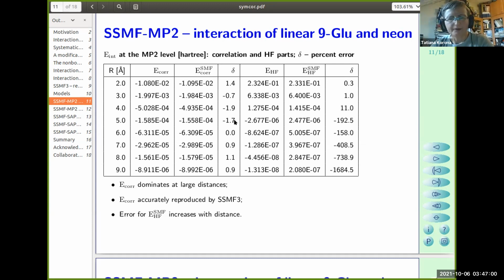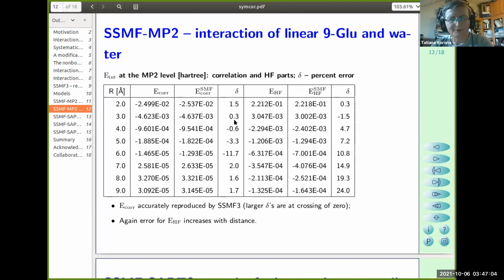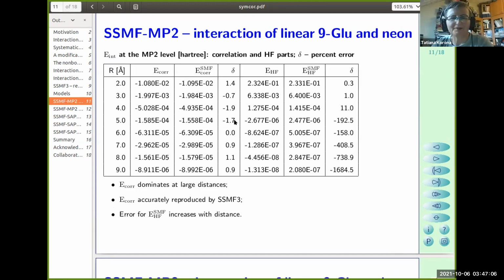Okay, actually, I have a SAPT analysis for this case too, but not here. Well, actually, I haven't analyzed this so deeply for the moment, because I was just satisfied that the error is small.